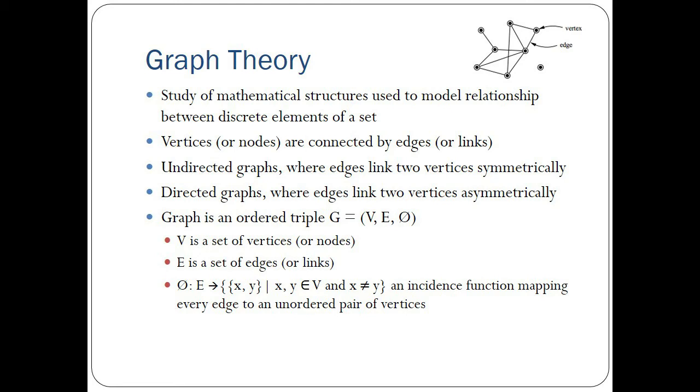Then you can define what the vertices are in a system, what the edges are, and then you have these connections, which can be represented with the incidence function mapping between edges and unordered pairs of vertices. So all these things you can do with graph theory.